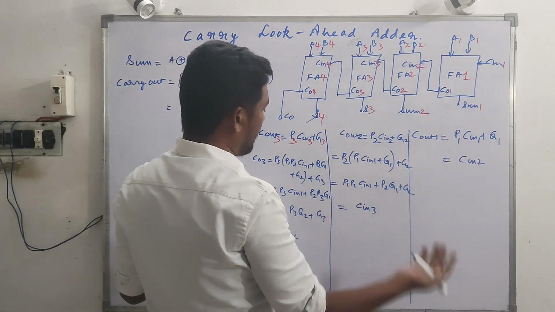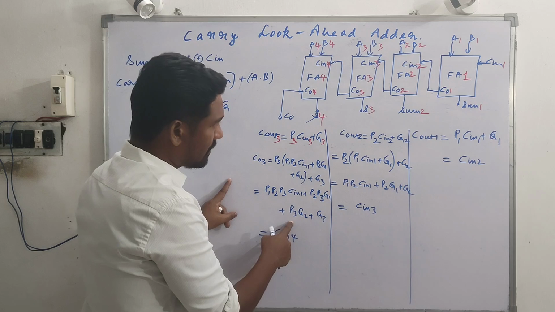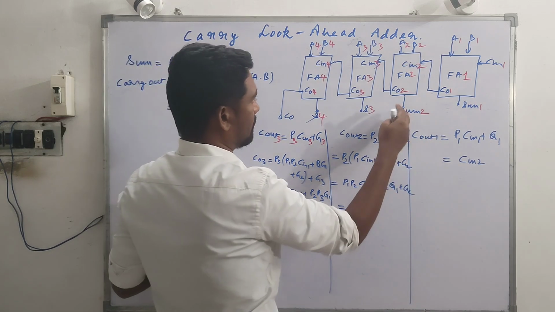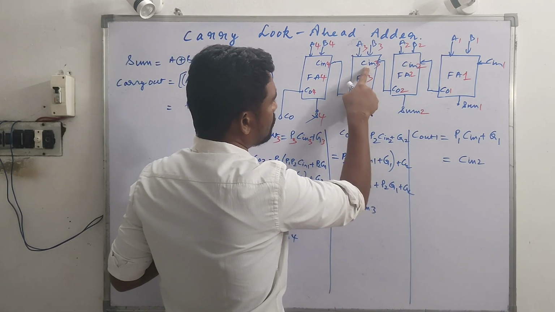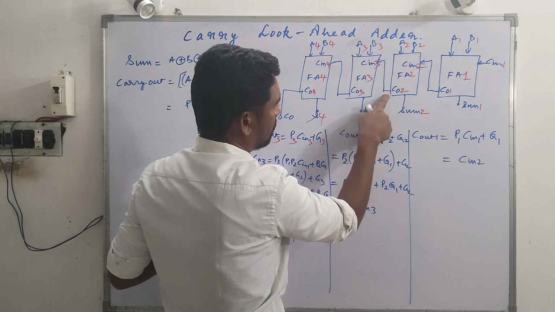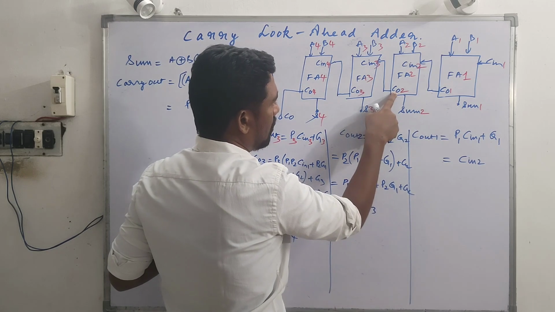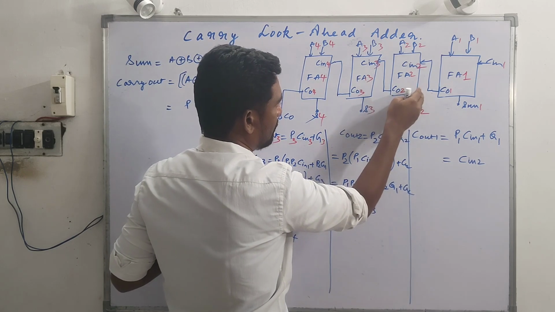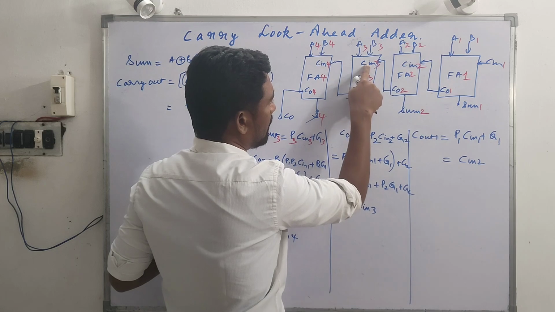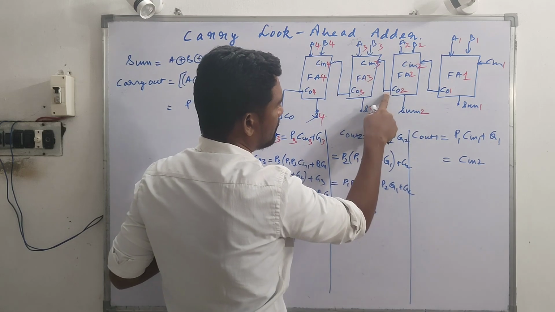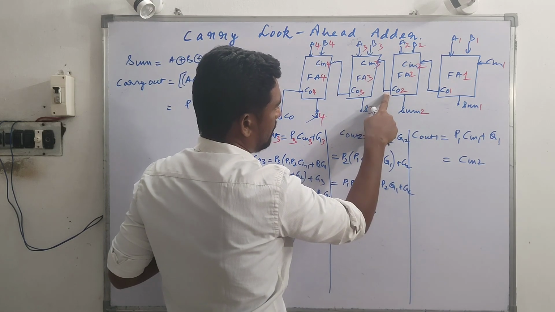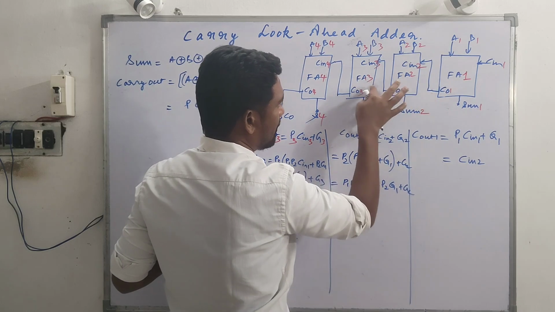But these Boolean expressions say, once again, let me repeat, in the parallel adder C in 3 should wait for the commencement of C out 2, the output of the previous stage. The third stage input depends upon the output from the second stage. All right, this is what happens in the parallel adders.